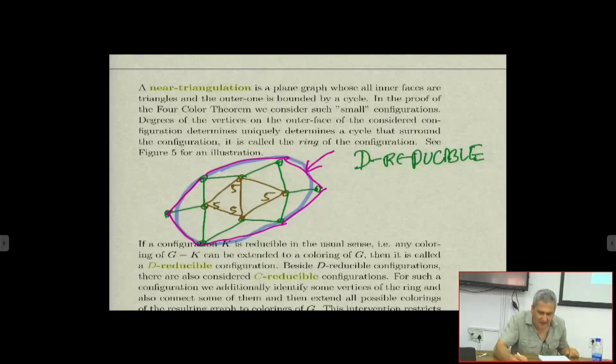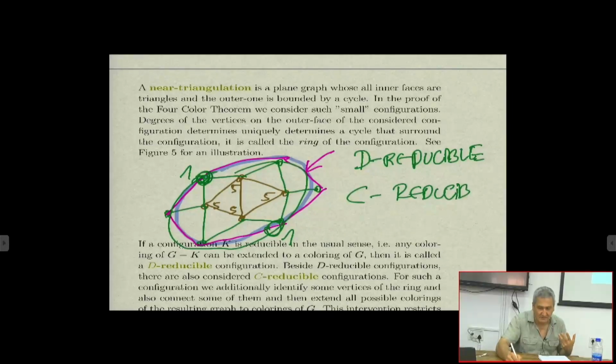So here you identify this one with this one, something like that. When you identify and you go back, these two vertices will have the same color. And now the space of all possible colorings that appear around will be smaller, and if you are lucky, you can always extend. This kind of reducible configuration is called a C-reducible configuration. So sometimes you have to do that trick.